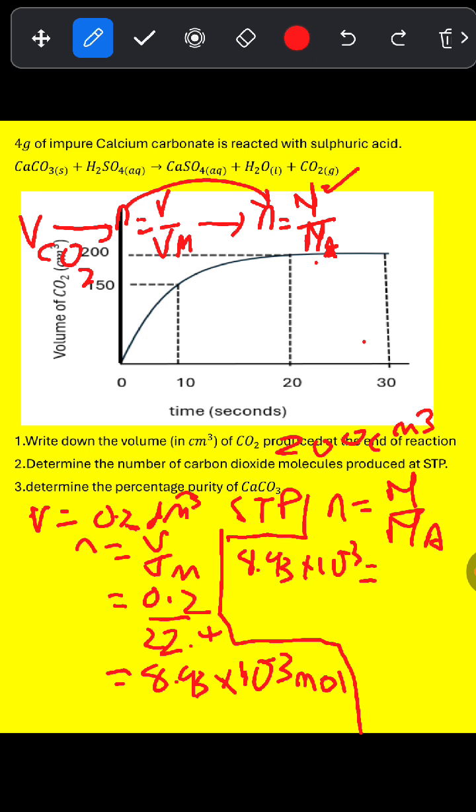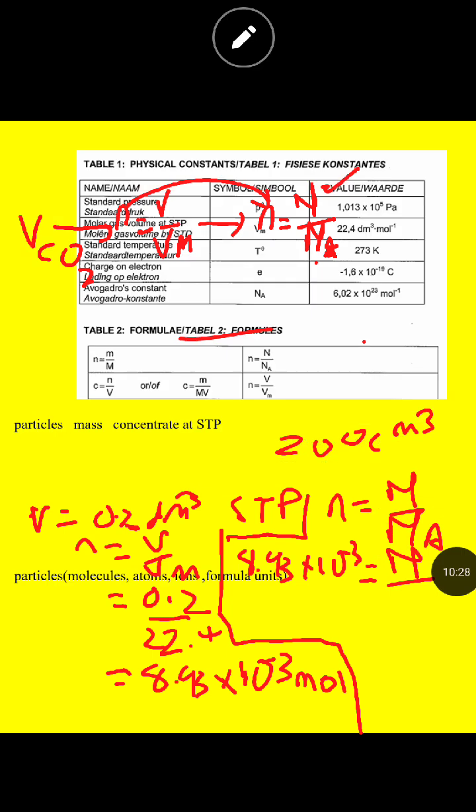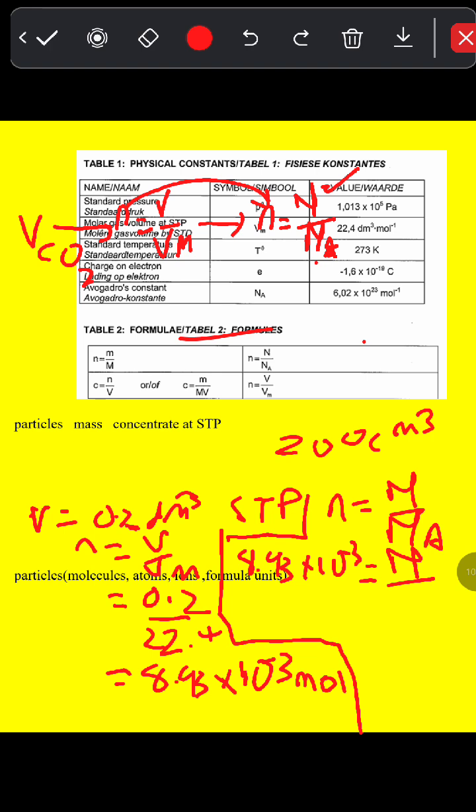So the number of particles divided by Na, where Na is Avogadro's number, which represents the number of particles in 1 mole, right?